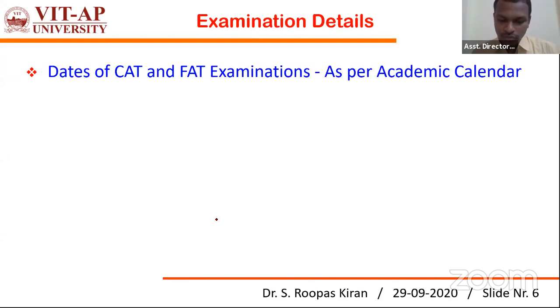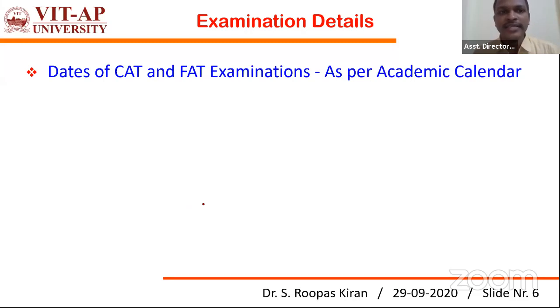Examination details. The Dean Academics will circulate the academic calendar, in which the examination schedule will also be included. Examination dates will be present: the starting date, ending date, including holidays and any other specific instructions, everything will be there in the academic calendar.